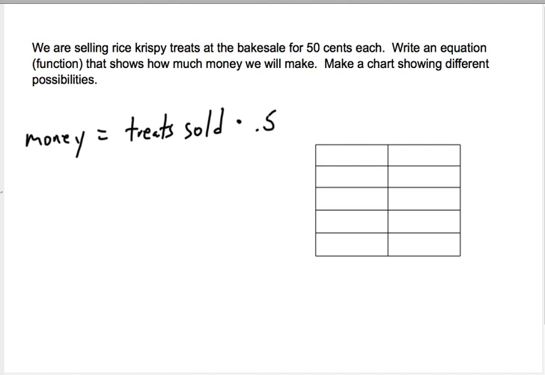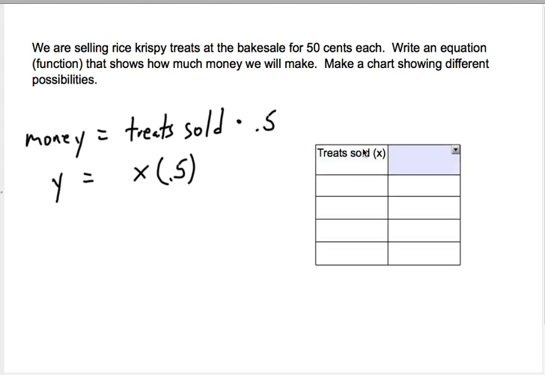And so we could say that the money is our dependent variable, treats sold is independent, and the 0.5 that we're multiplying by there. And so we can say that this is X, or we could also say treats sold. And then we could say money made, and we call that Y.